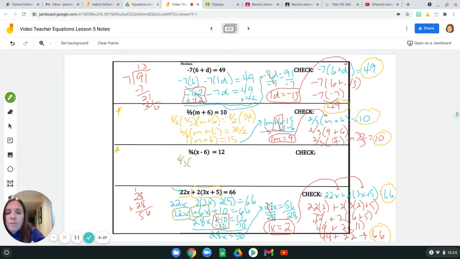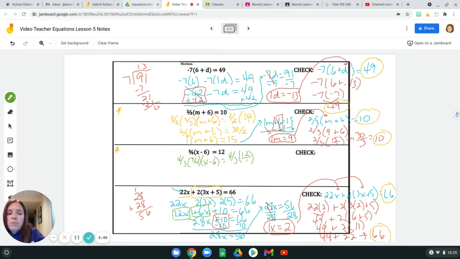Hopefully you said that before I wrote it. 4/3 times 3/4 times x minus 6. And then you take that 4/3 on the right side of the equation too, and take that whole number 12 and make it into a rational number by putting a 1 under it.